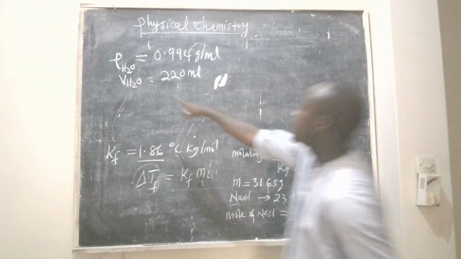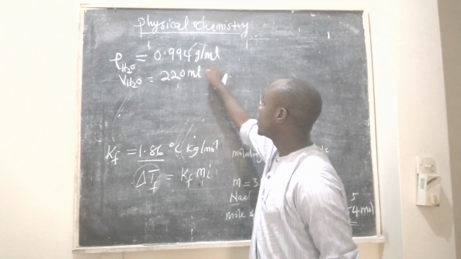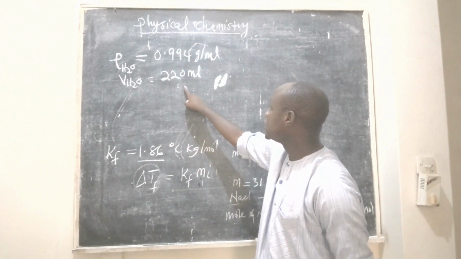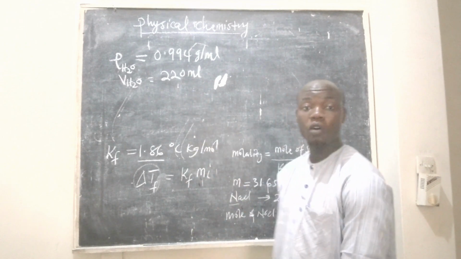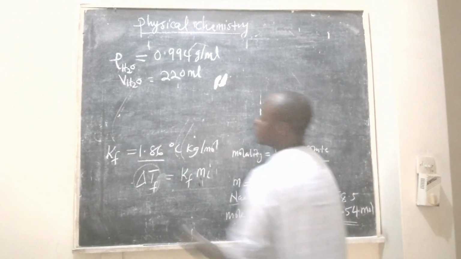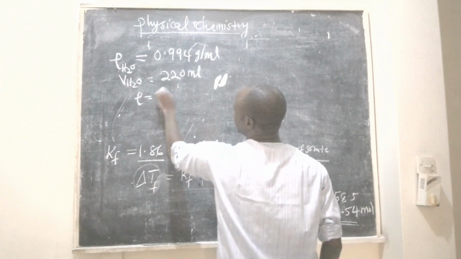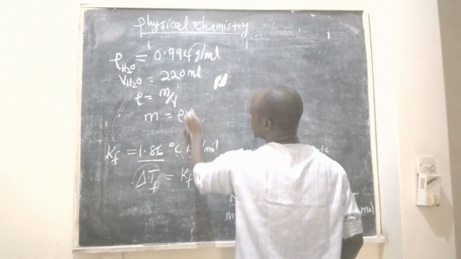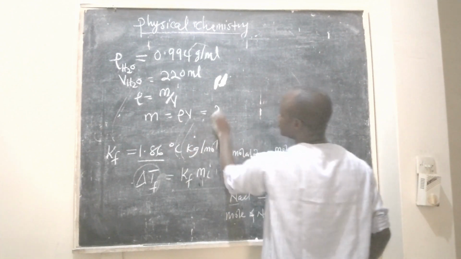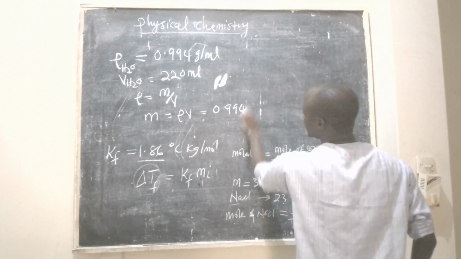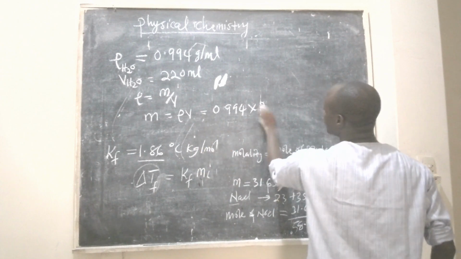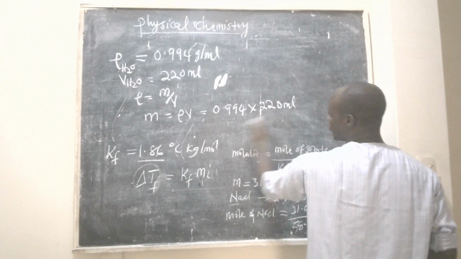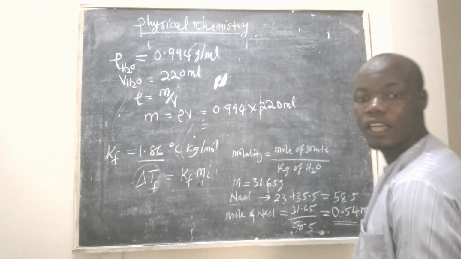The density of water is 0.994 and the volume of water is 220 ml. Mass is equal to density times volume, so mass is 0.994 times 220.